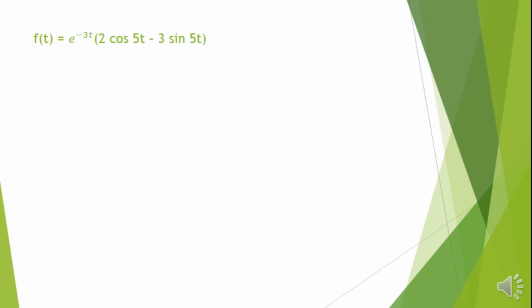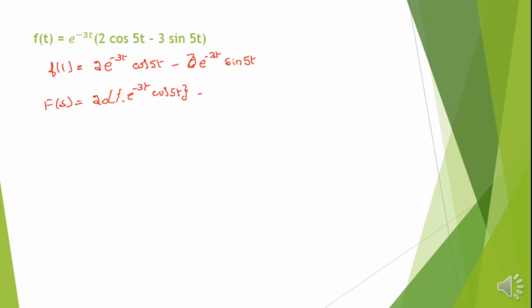So I can write this as f of t equal to 2 e to the power minus 3t cos 5t minus 3 e to the power minus 3t sin 5t. Now f of s equals 2 into the Laplace transform of e to the power minus 3t cos 5t, minus 3 into the Laplace transform of e to the power minus 3t sin 5t.